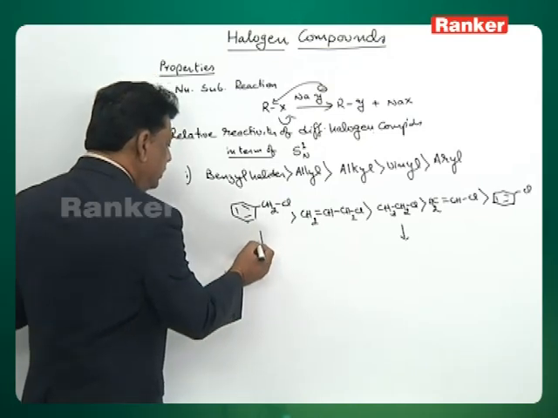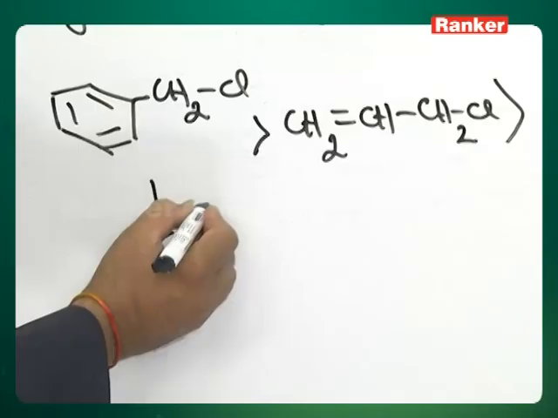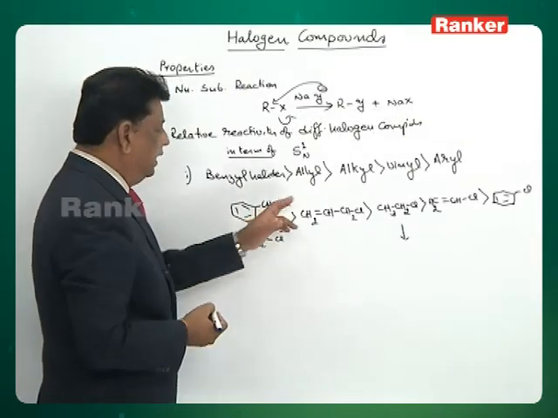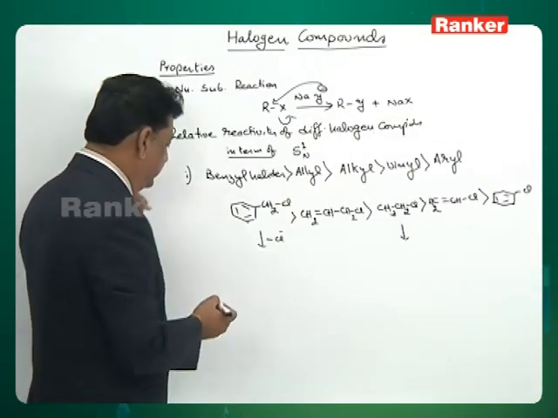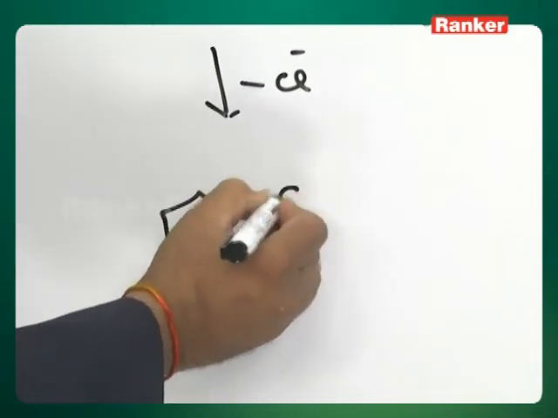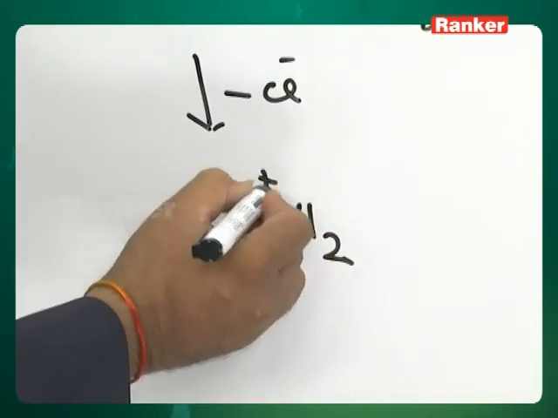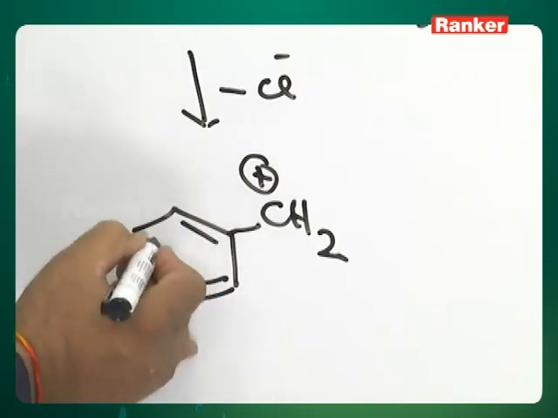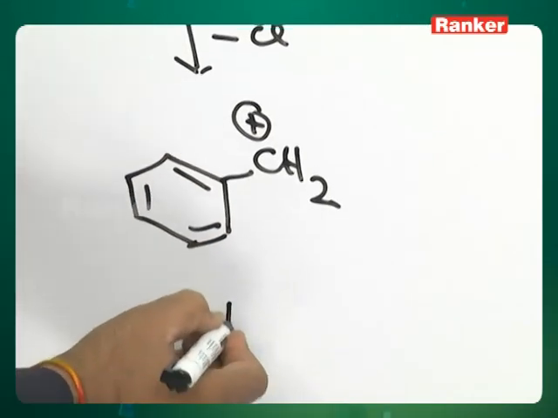Both these compounds, if Cl minus is removed or ionized, you get a benzyl carbocation, which has resonance stabilization by the minus M group.